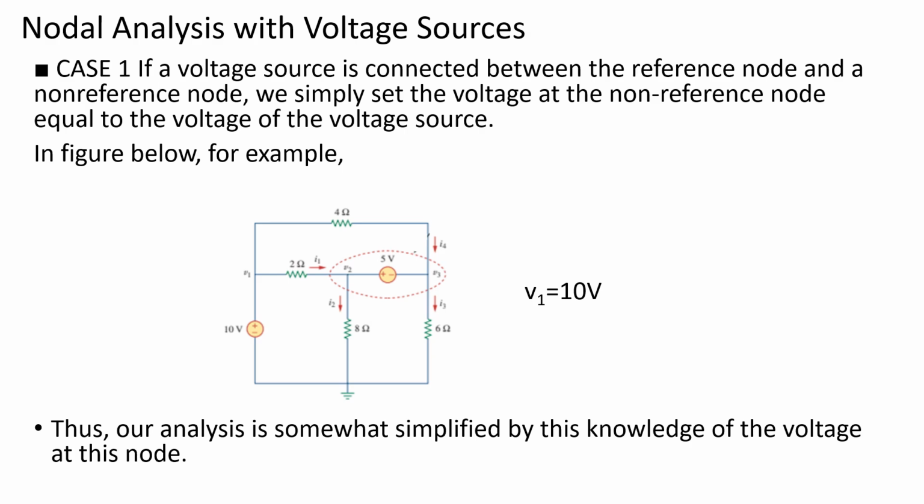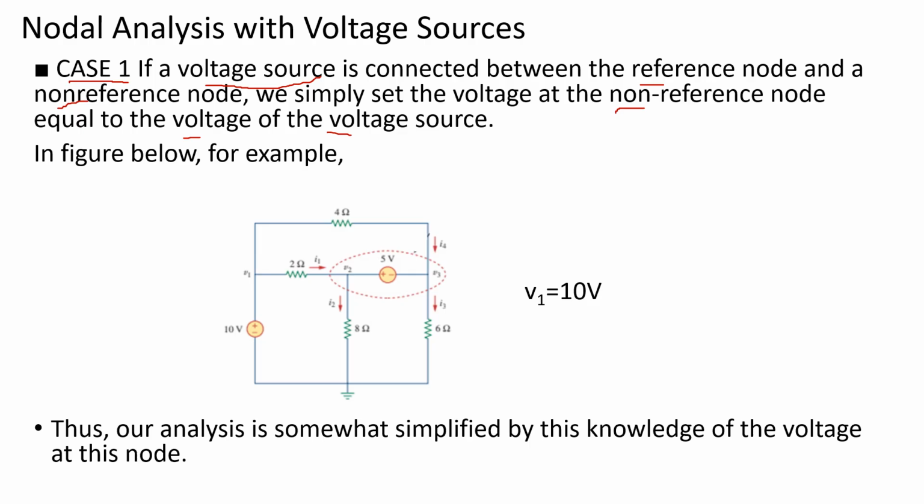Before we go to the next example, let us discuss nodal analysis with voltage sources, and we will consider two cases. Here we have case 1. If a voltage source is connected between the reference node and a non-reference node, we simply set the voltage at the non-reference node equal to the voltage of the voltage source.